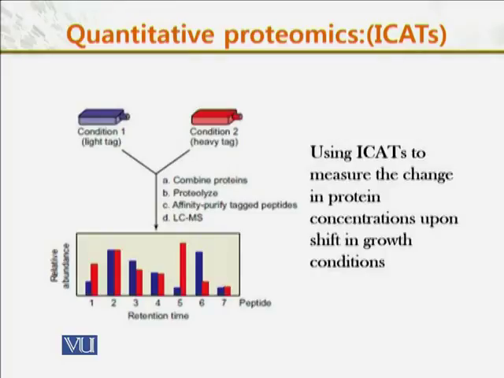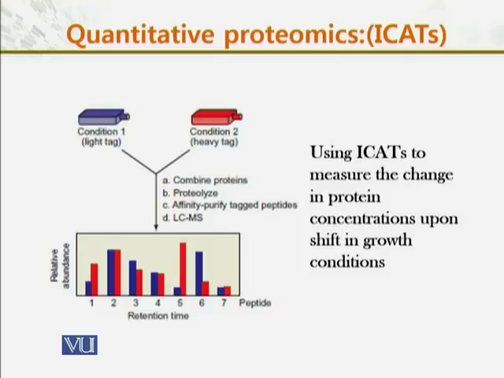Just consider using ICATs to measure the change in the protein concentration upon a shift in the growth condition. The growth conditions are when cells are grown in the presence of serum, and another without serum.